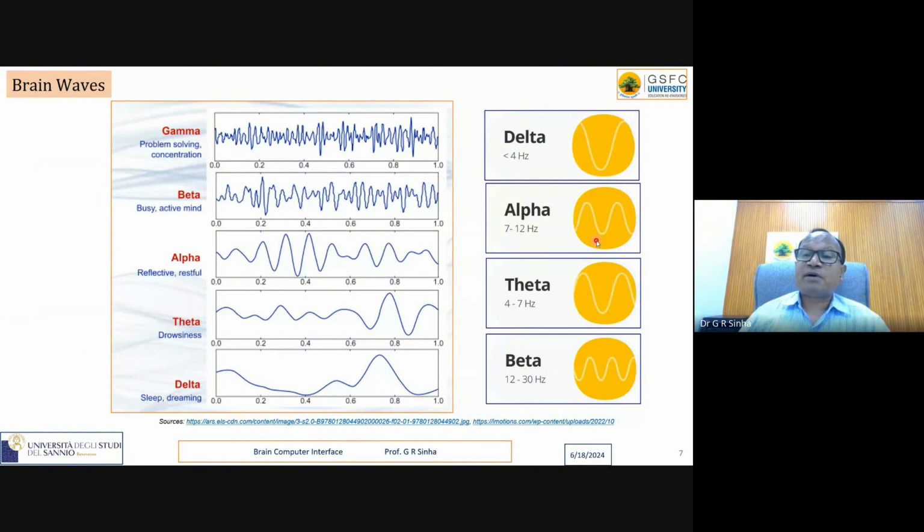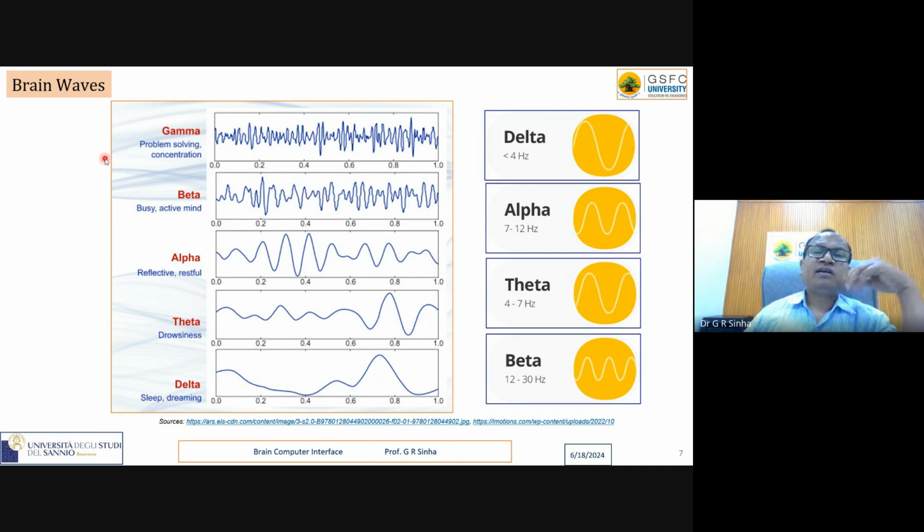And then comes alpha. Alpha is related to restfulness, reflective. You are reflecting on some thought. You are trying to keep yourself at rest, bring yourself into restfulness. And a little higher than alpha is beta. Beta is when your mind is active. You are busy in something. And the highest one is gamma, which is not included in the waveform.